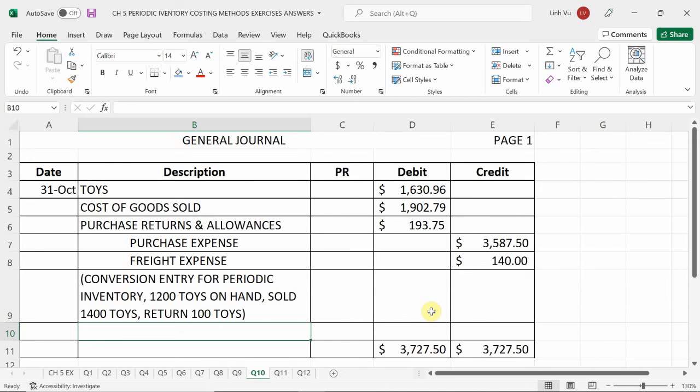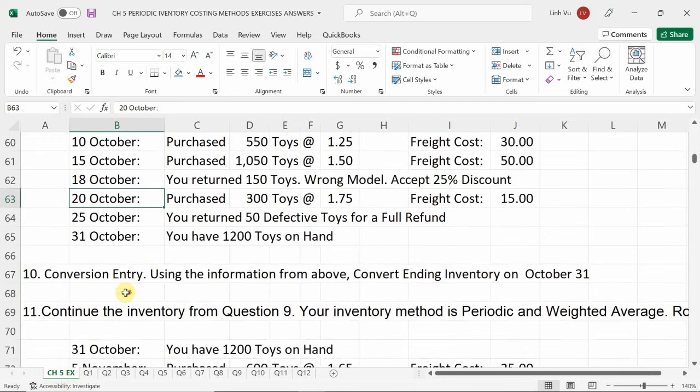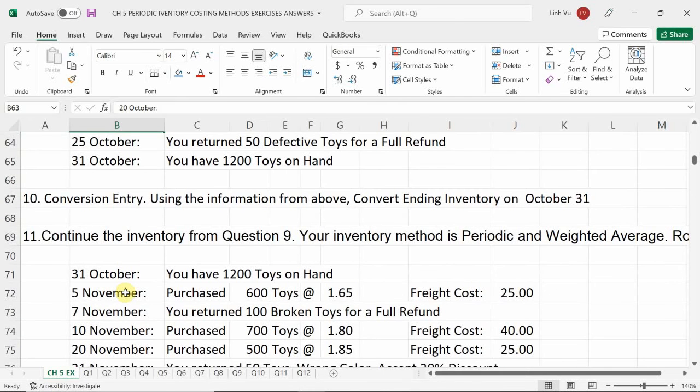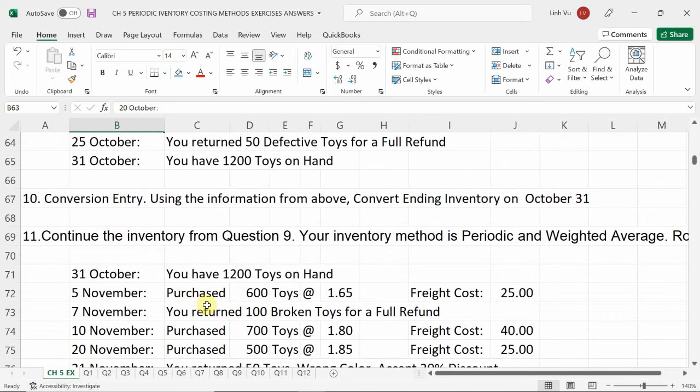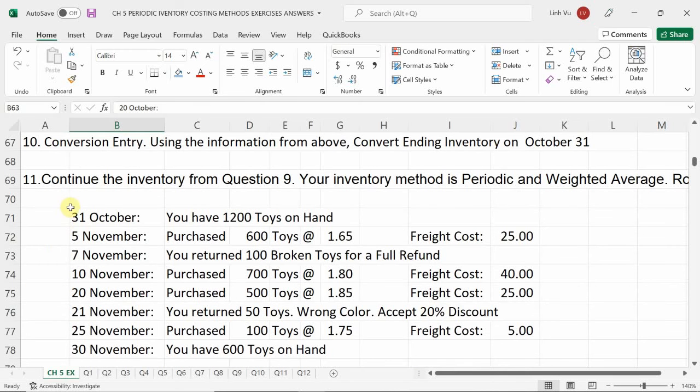Okay, good. So then now, what happens next here is that for the last question here, question 11, it says to continue on the inventory problem from question number 9. Your inventory method is still periodic and it's still weighted average, okay? But here's the piece of information that we have.